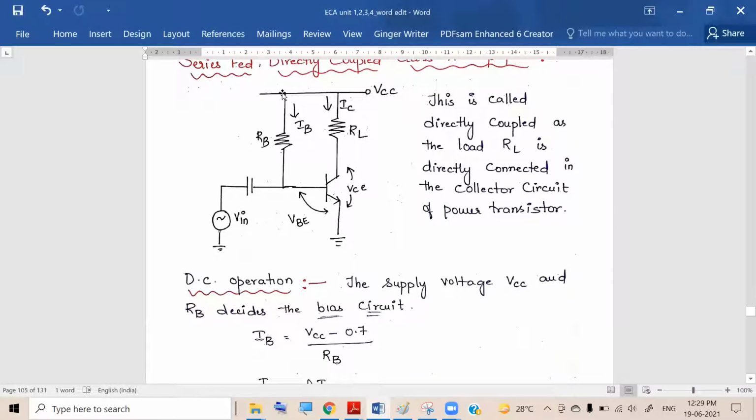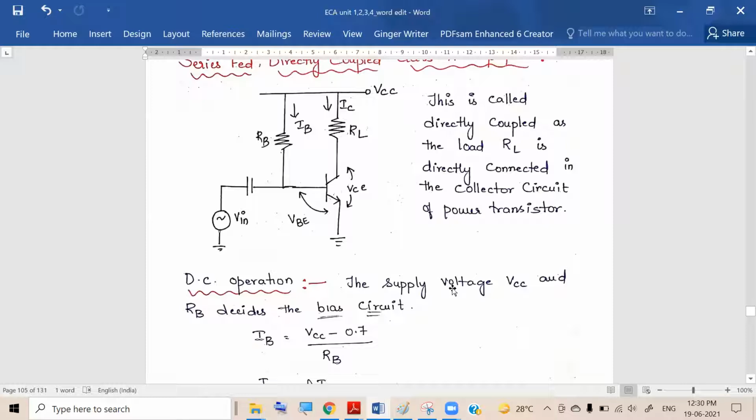One end we have VCC, another end we have VBE, which I told you is 0.7. So the voltage drop across RB will be VCC minus 0.7. So the current through RB, which is nothing but IB, will be voltage by resistance. Voltage is VCC minus 0.7, resistance is RB. So IB will be (VCC minus 0.7) by RB.